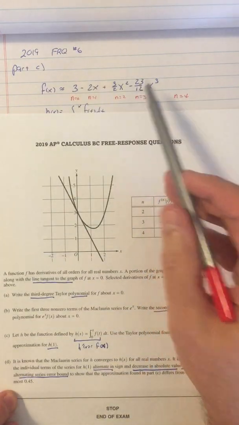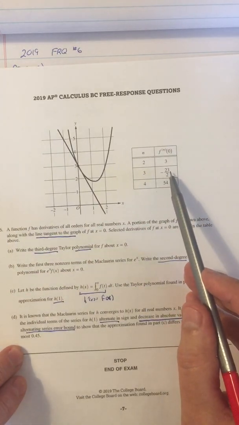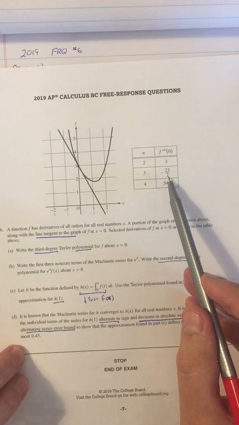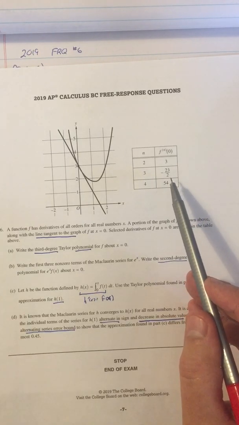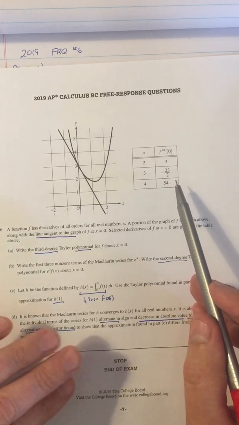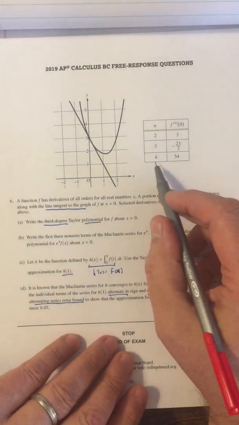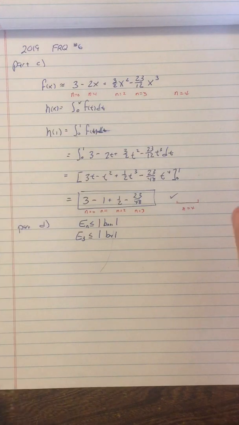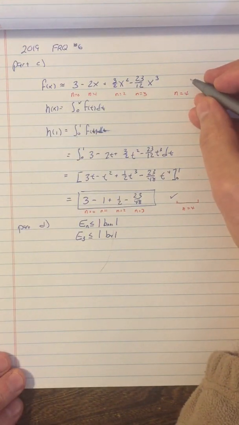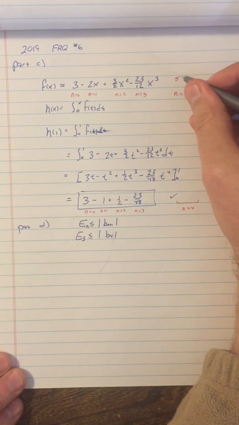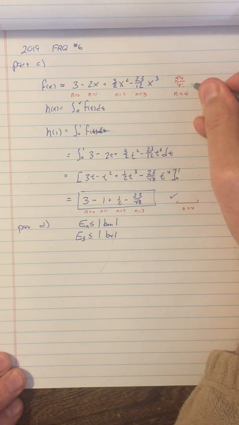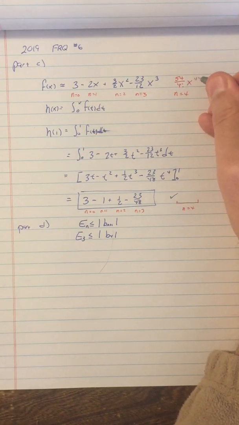That negative 23 twelfths was negative 23 over 2 times 3 factorial. So for our n equals 4, this is why they gave us the fourth derivative, we're going to have 54 over 4 factorial x to the 4th power.